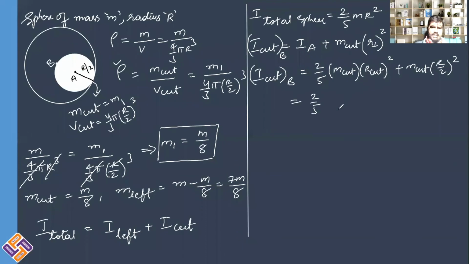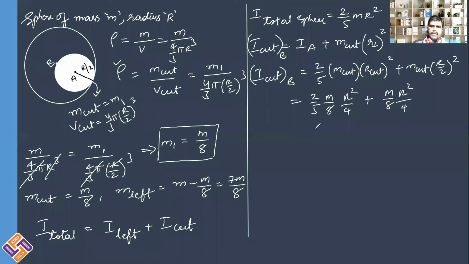This is 2 by 5. Mass of the cut portion is m by 8 into R square divided by 4, because the cut portion radius is R by 2 and the mass of the cut portion is m by 8 and the radius square is R square divided by 2 square, which is 4. Okay. Now m by 8 and R square by 4, you can take it common.